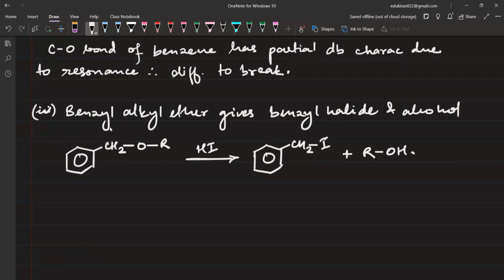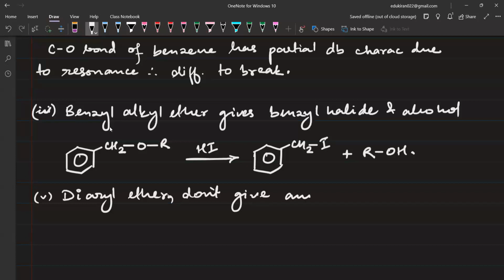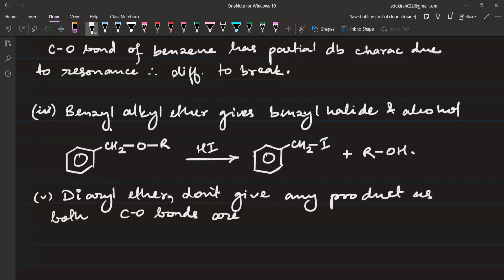फिफ्थ वाला है आपका डाईअराइल ईथर. Diaryl ether don't give any product as both CO bonds are difficult to break.